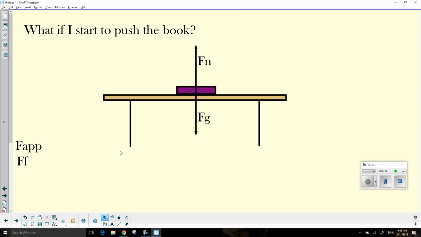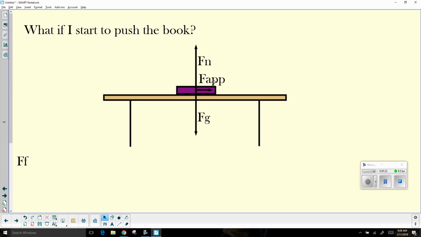But now I'm going to start to apply a force to the book to move it this way. So to do that, I'm going to apply a force, and it's going to be a small force. It's going to be only about that big, and I'm going to label that applied force.